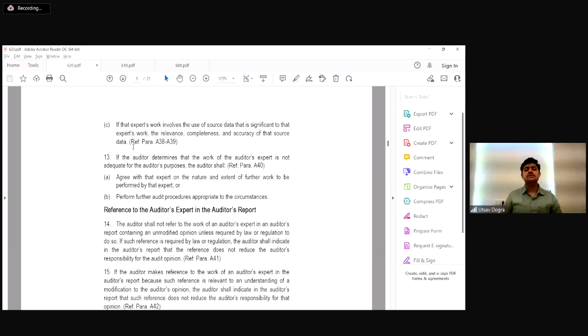If the auditor determines that the work of the auditor's expert is not adequate for the auditor's purpose, the auditor shall agree with the expert on the nature and extent of further work to be performed by the expert, or perform further audit procedures appropriate to the circumstances.